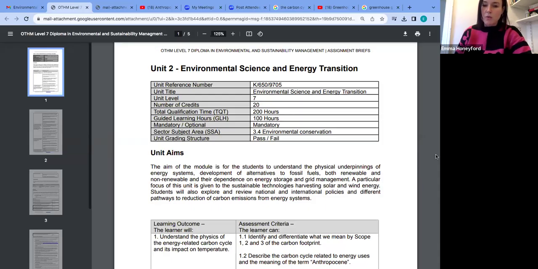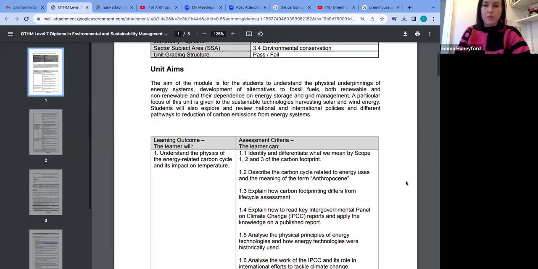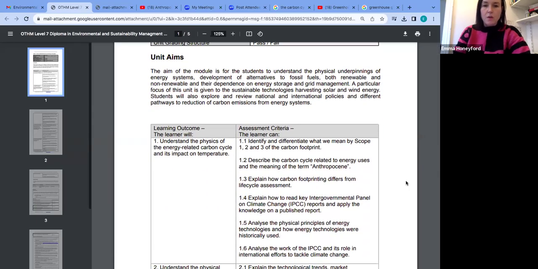Students will also explore and review national and international policies and different pathways to reduction of carbon emissions from energy systems. For this session, we will go over how we need to understand the physics of the energy-related carbon cycle and its impact on temperature.